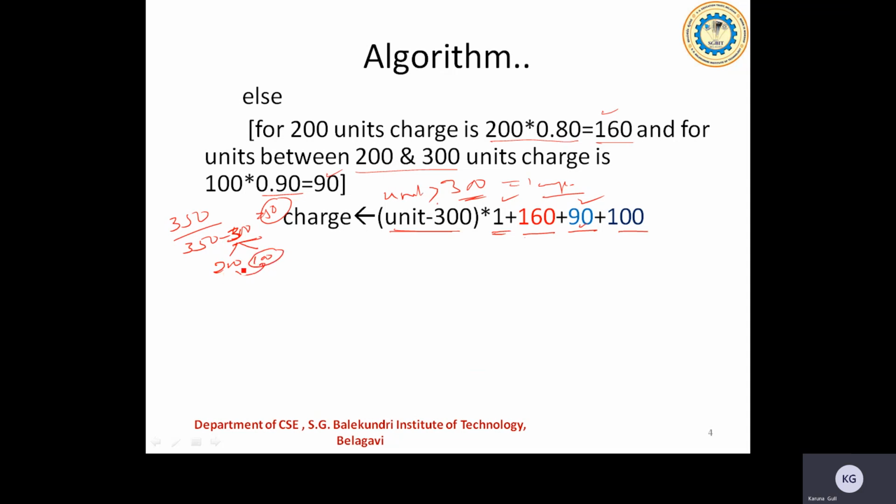For this 100 over 200, you pay 90 paisa, and for the 200 you pay 80 paisa. According to this it is 160, according to this it is 90 rupees, and this is the minimum meter charge. So this is how we usually calculate the electricity bill.